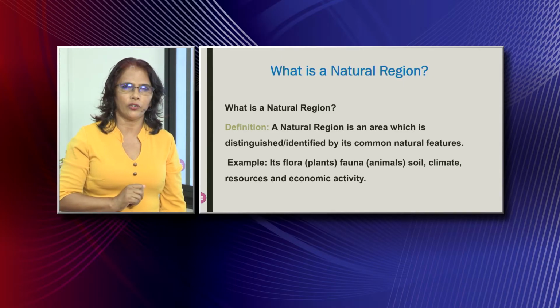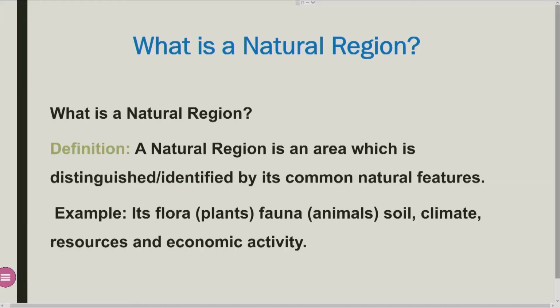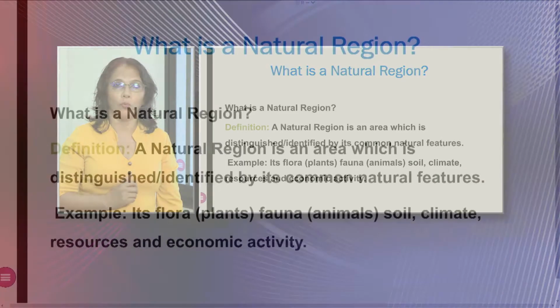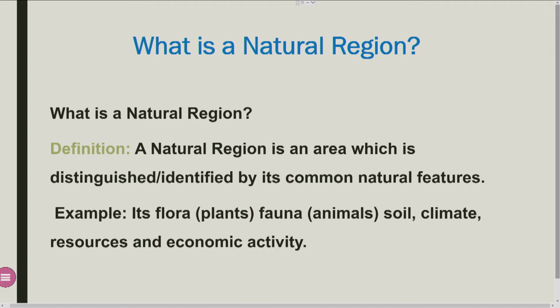What is a natural region? Let's find out. The definition. A natural region is an area which is distinguished. Another word for distinguish is identified by its common natural features.